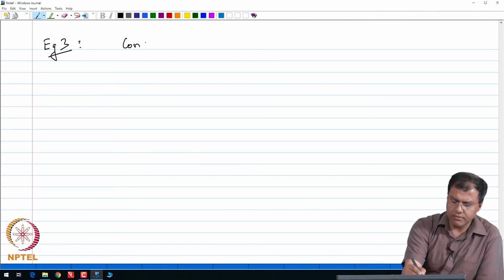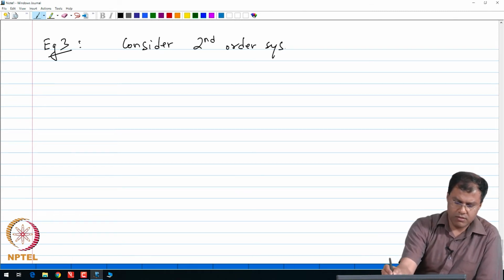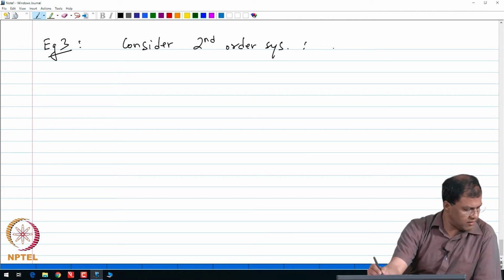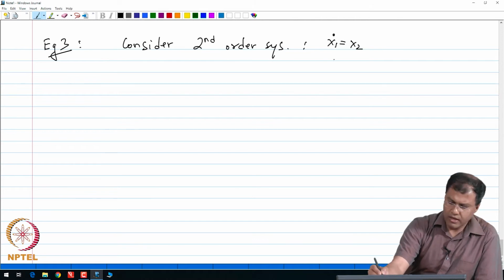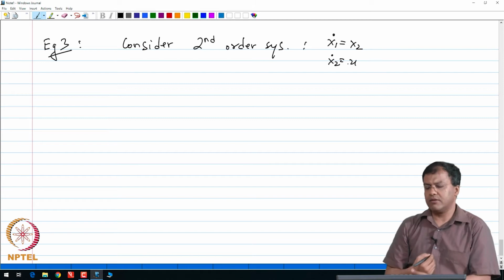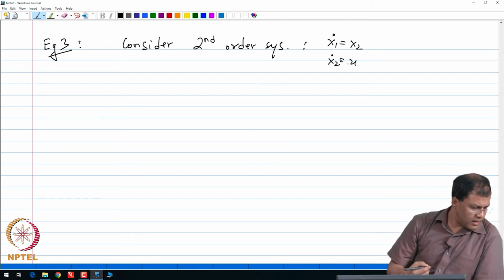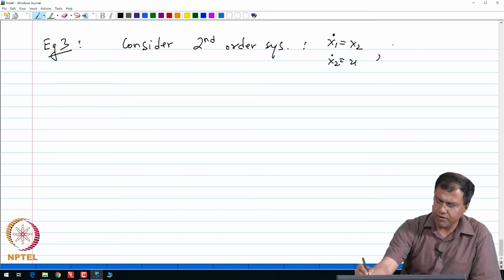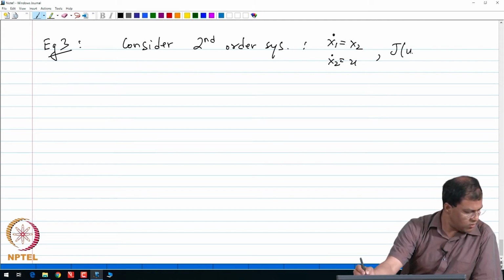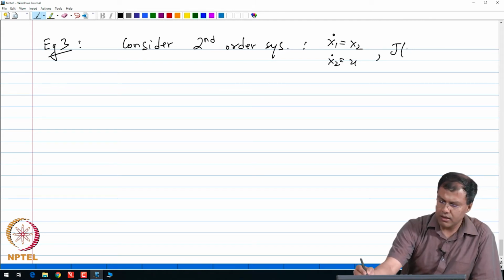Consider the system, this is a second order system, and the system is given by x 1 dot is equal to x 2 and x 2 dot is equal to u. So, this is a similar system that we had solved in our previous example, and this time my performance index is g of x comma u, right.